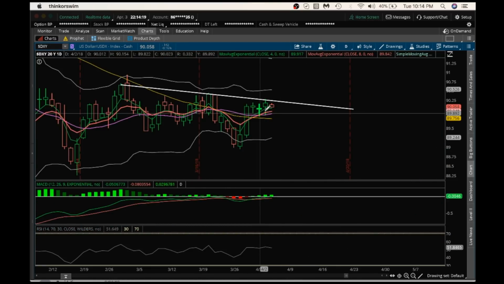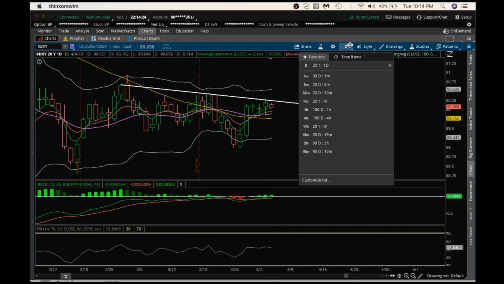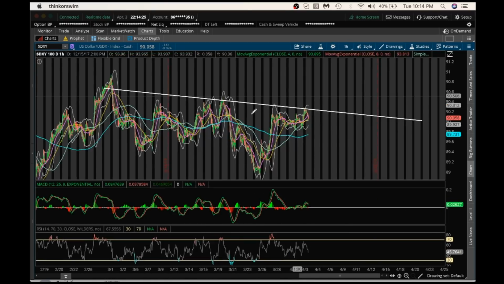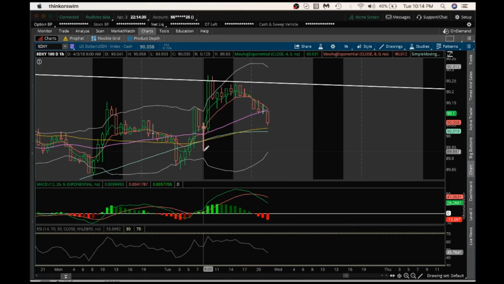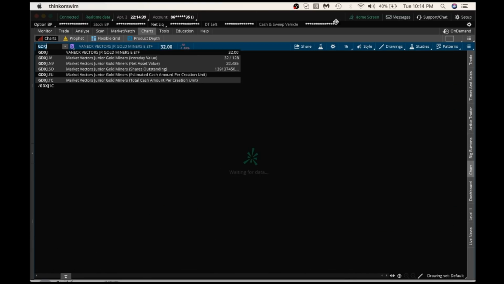The low of the day was at 89.849. So the next support on the hourly to watch for is going to be at 89.933 and then 89.849. So have a good night, and let me actually go to the miners as well.